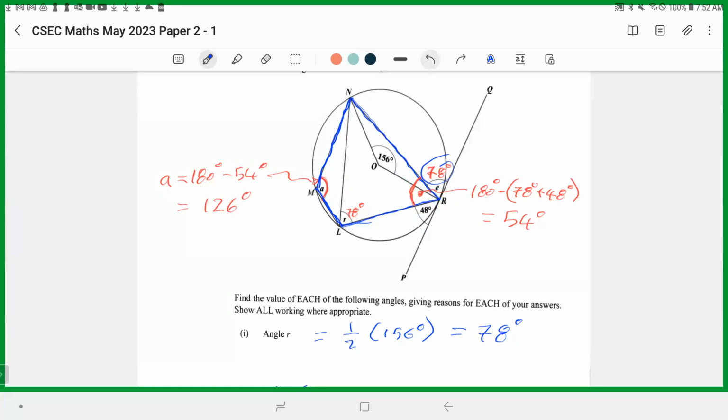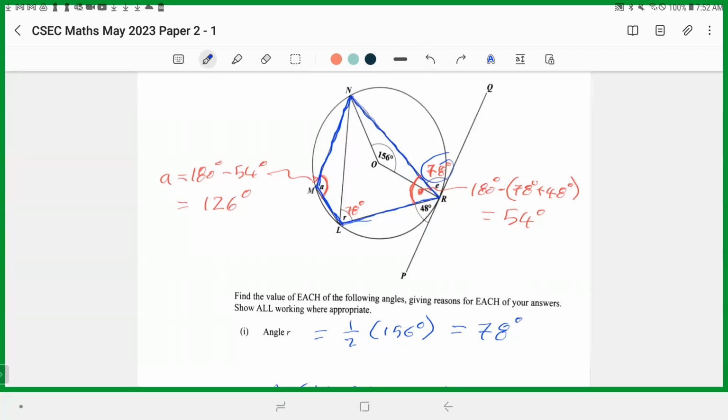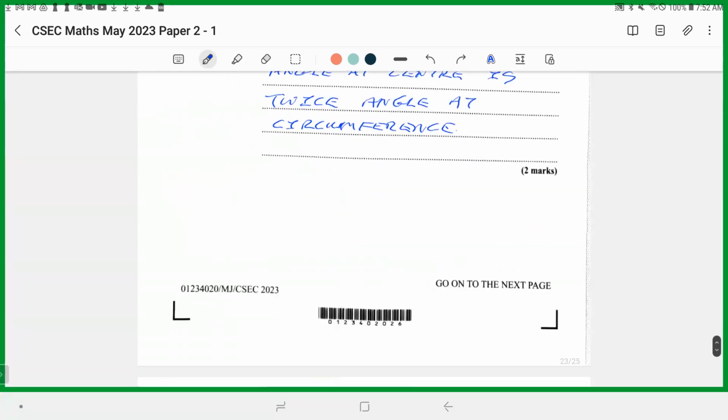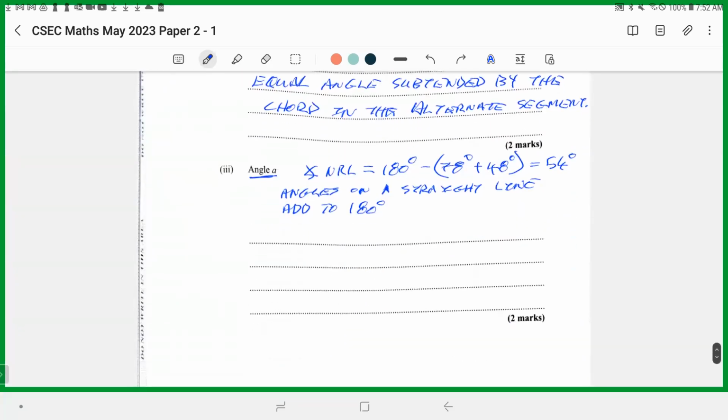The opposite angles in a cyclic quadrilateral are supplementary, meaning they add to 180 degrees. Then we're going to find the angle A that I want. Angle A equals 180 degrees minus the 54 degrees, which is 126 degrees.